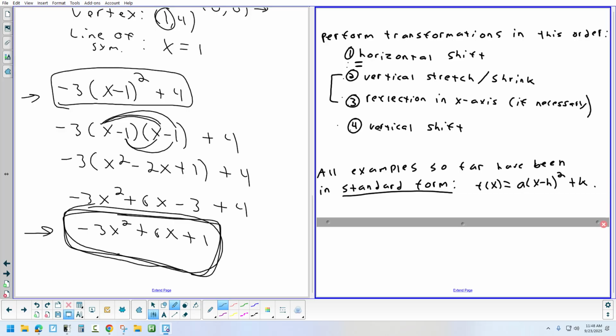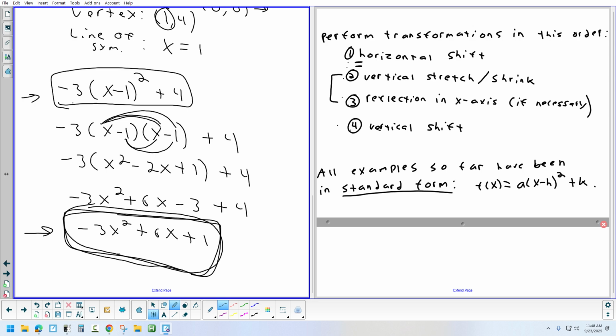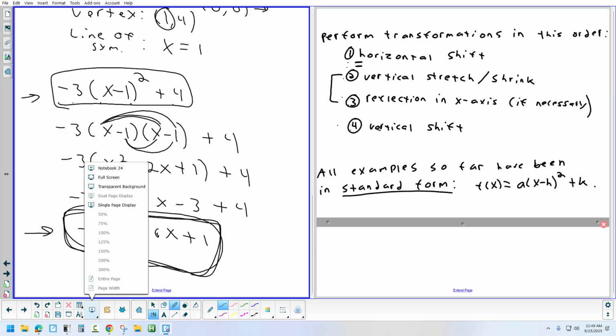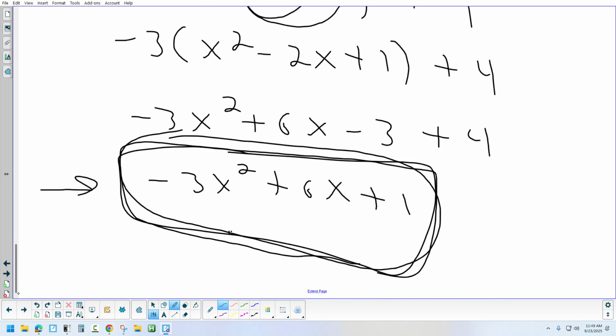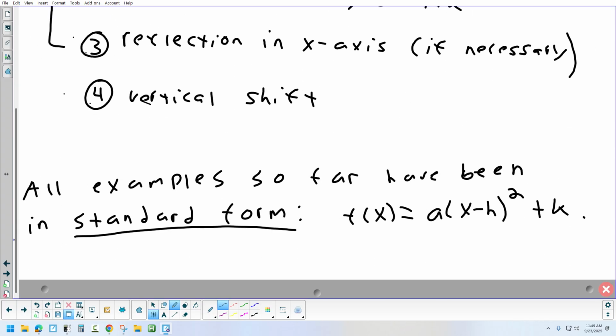So the way that we always want it is in standard form. Standard form is when you have a number in front, that's your A, something in parentheses, squared, and then you could have a plus or a minus k at the end. That's called standard form. And all the problems that we do will always be in that standard form.